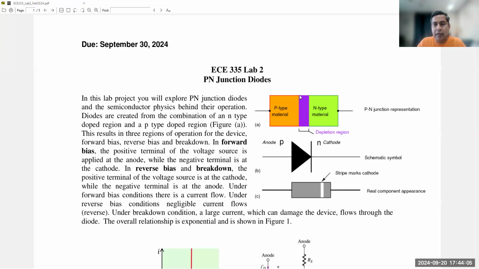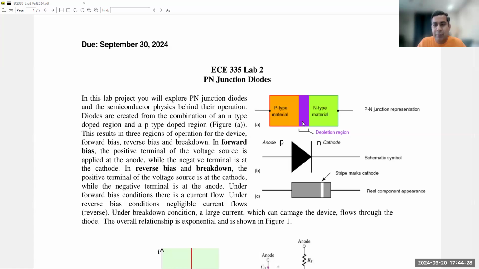These charges created in this region are called space charges because those charges are not going to move. The charge comes just from the recombination of the electron carriers from the right, the N-type material, with the hole carriers on the left, the P-type material.